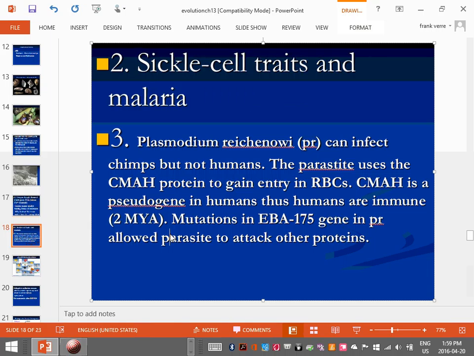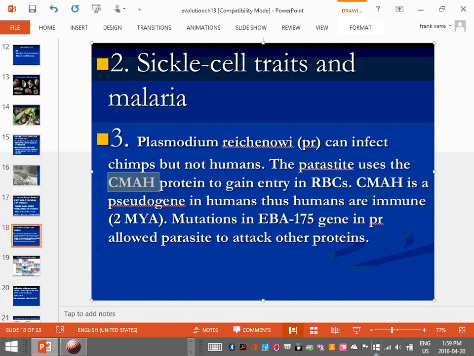Here is another thing that's related to malaria. The parasite uses this protein called CMAH. Now, the protein in chimps comes from the CMAH gene, and it works. But about 2 million years ago, that gene in humans was destroyed.